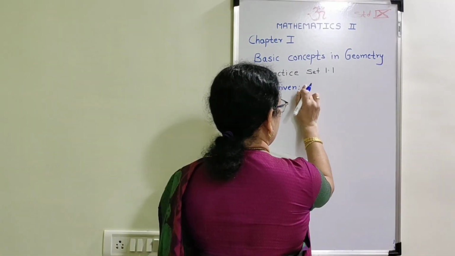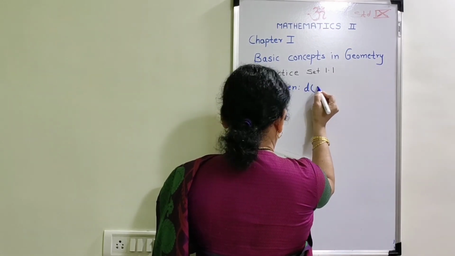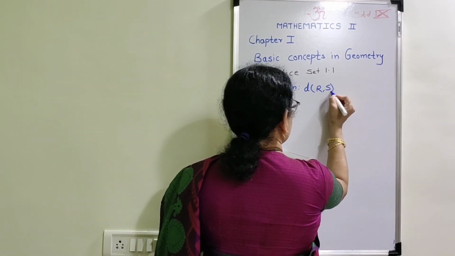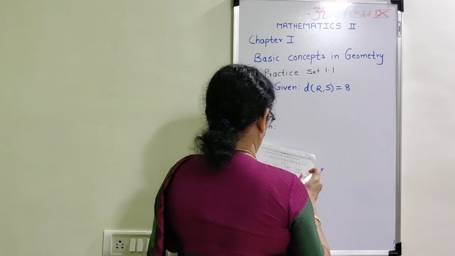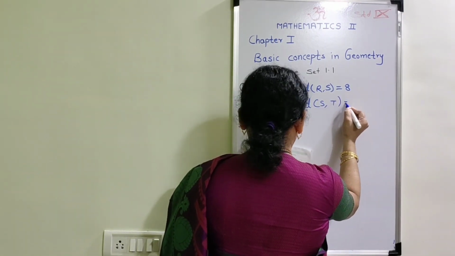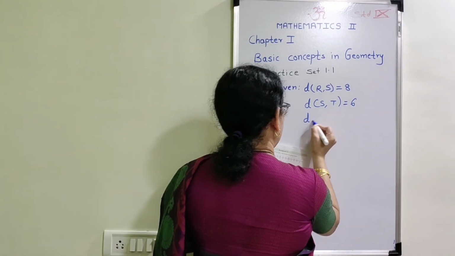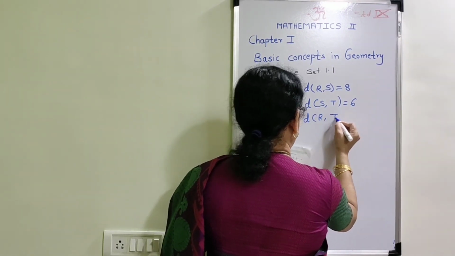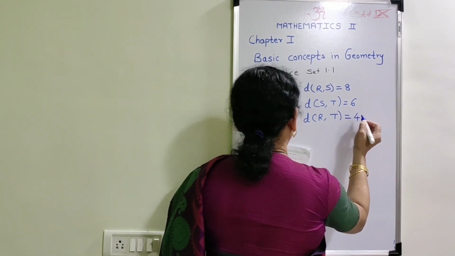Here also 3 different distances are given. Distance RS is equal to 8. Distance ST is equal to 6. Distance RT is equal to 4.